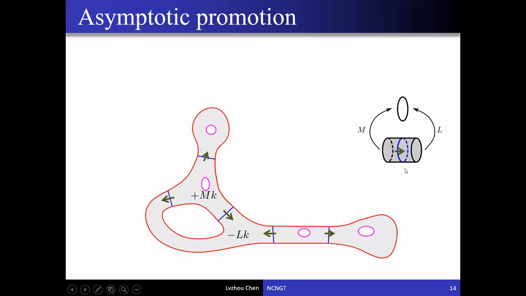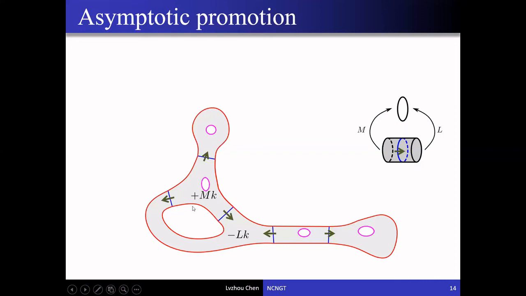Here I mean the algebraic intersection number. So if we do this pushing along a full copy of gamma around some boundary component of the surface, half of the time we multiply the winding number by M and divide by L, and the other half of the time we do the opposite. So if we push the winding number along the boundary by a full copy of gamma, then the winding number possibly is pushed into a different piece, but the number doesn't change.